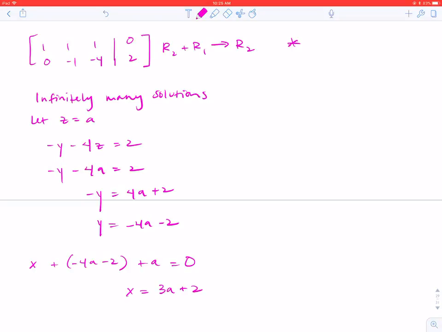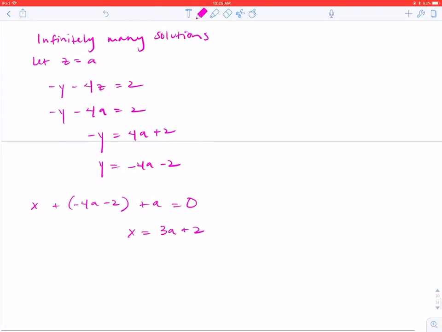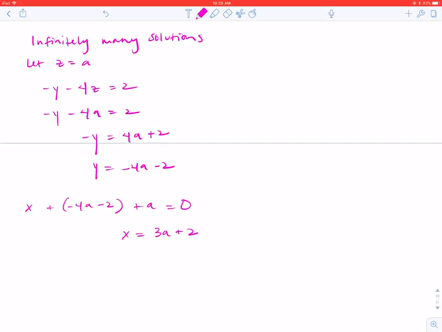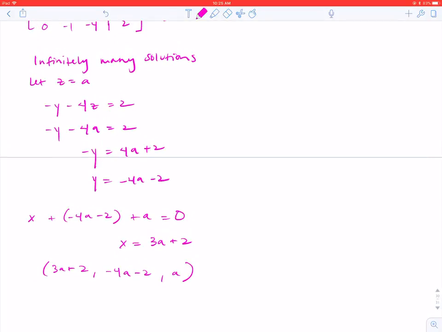So that'll be 3a plus 2 for x. So our solution set can be represented as 3a plus 2, comma, negative 4a minus 2, comma, a.